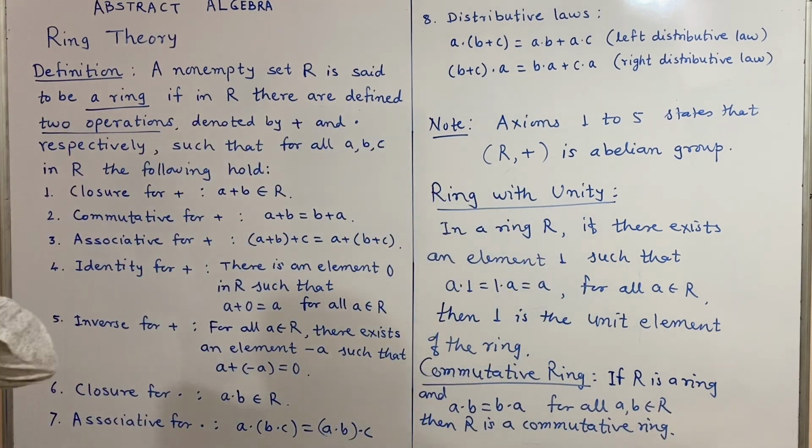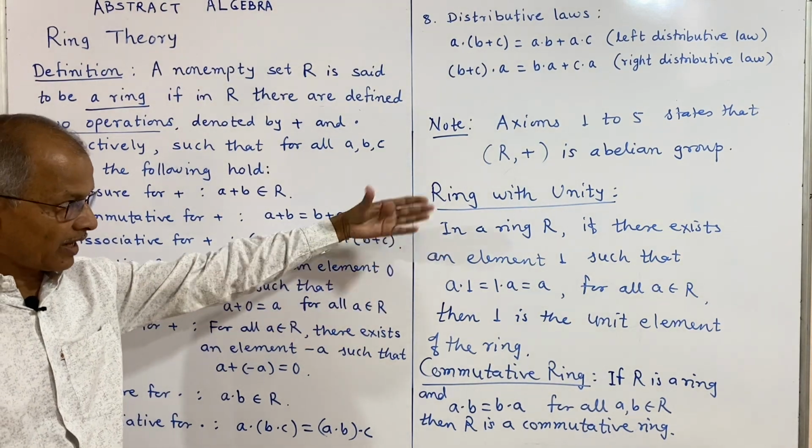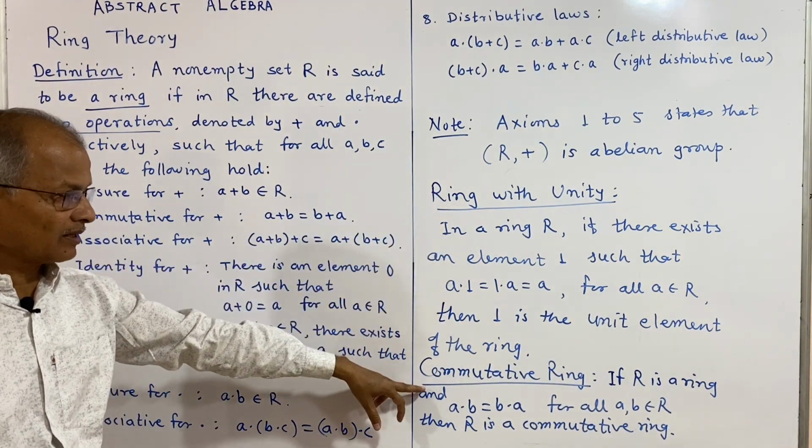So these are two basic properties, or types, of ring: ring with unity and commutative ring.